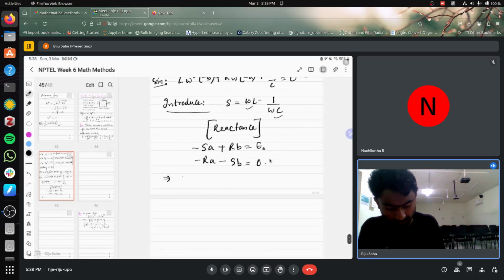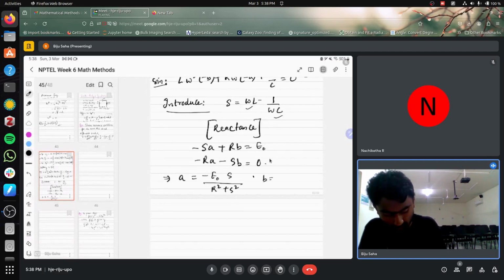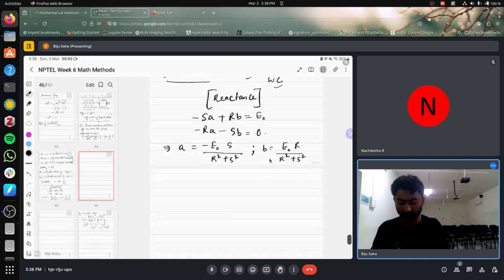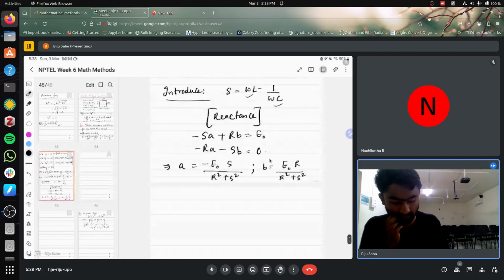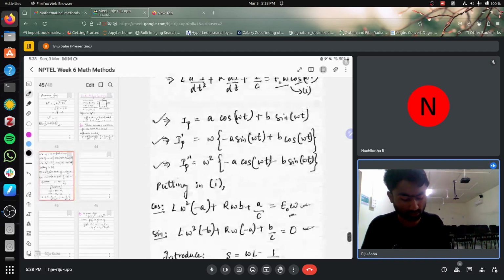Then on solving this, we can get A to be equal to this and B to be equal to this. Having obtained A and B, let's put it here.